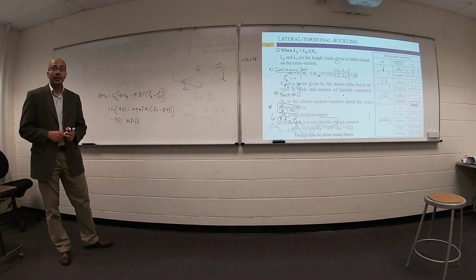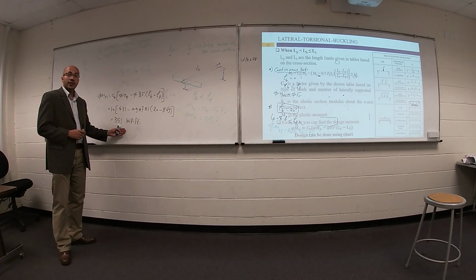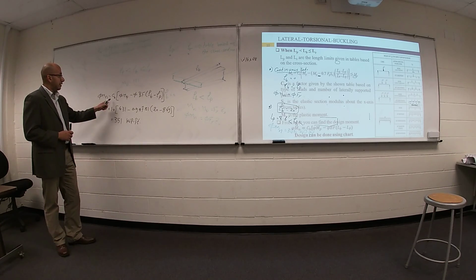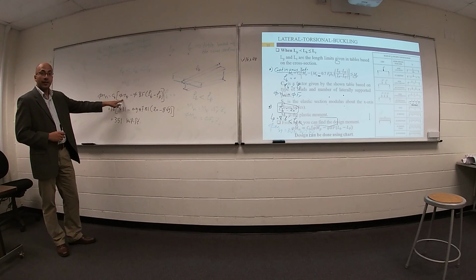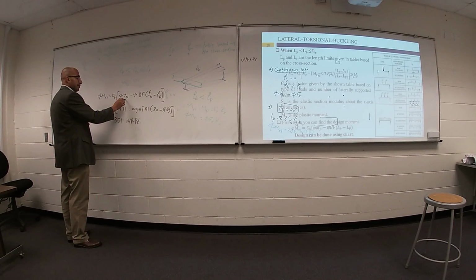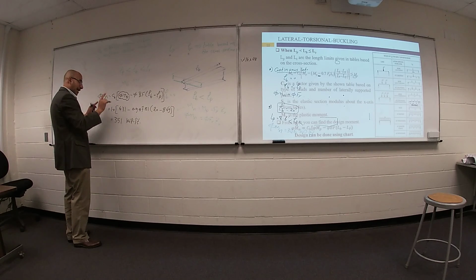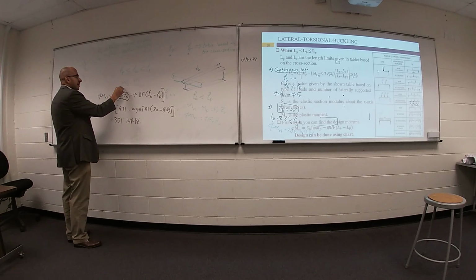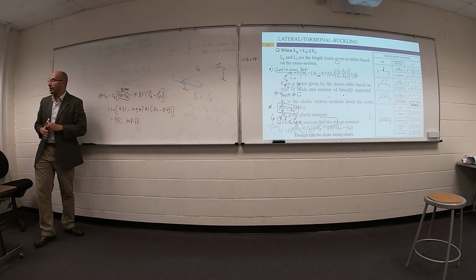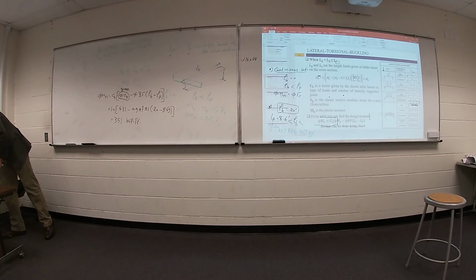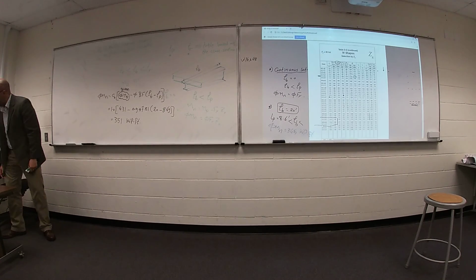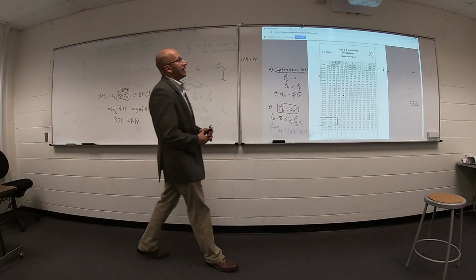Yeah, go ahead. So on this equation for design moment, why did we multiply by 0.9 for the BF and not for the plastic moment? This one? Because this term, phi M plastic, has two terms given in one column in your table. Go back to your table. What is the name of this column?